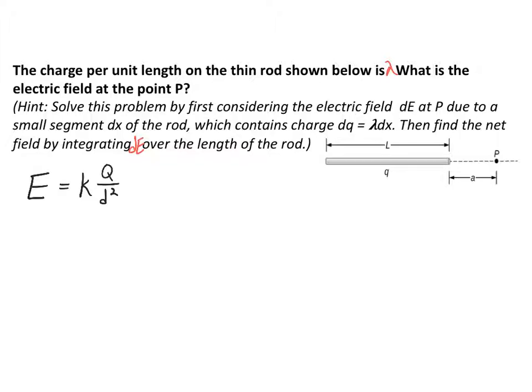So if I want to pay attention to a chunk of this, and chunk is a high-tech word for a differential piece. If we're going to use calculus, we need to do that. And so if I want to know what the little infinitesimally sized piece of this electric field is, well, the constant stays constant.